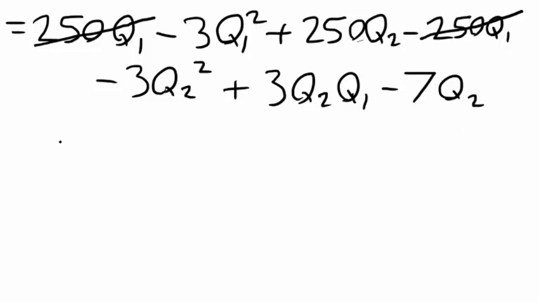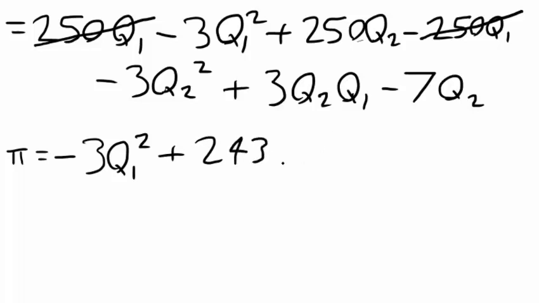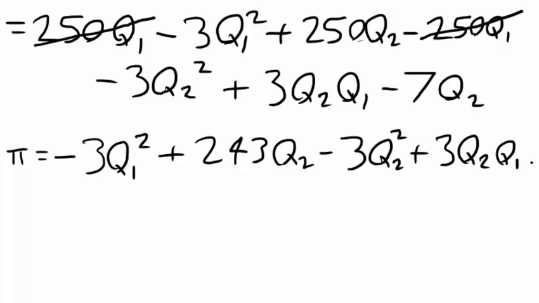After combining some like terms, we get a profit function of negative 3Q1 squared plus 243Q2 minus 3Q2 squared plus 3Q2Q1.